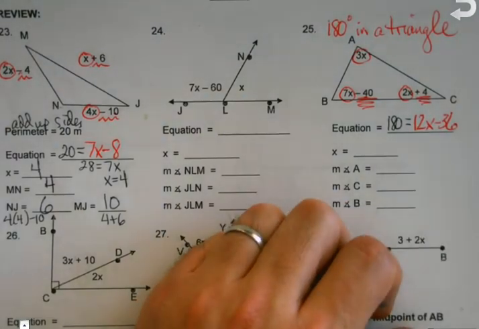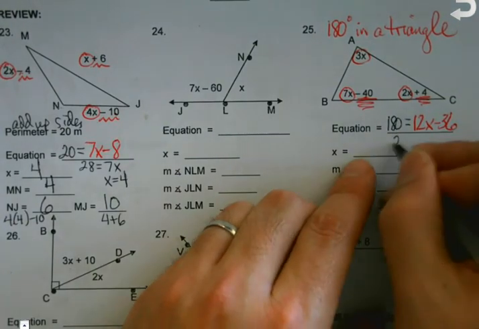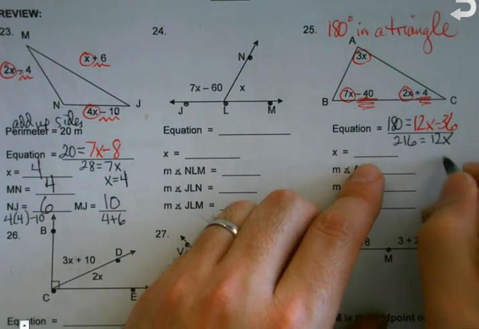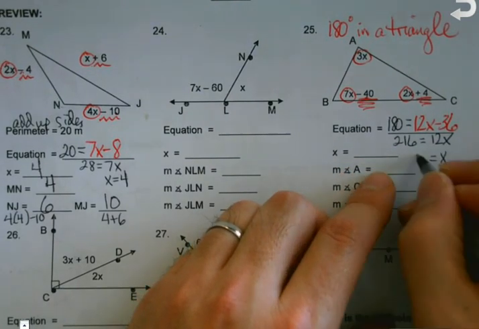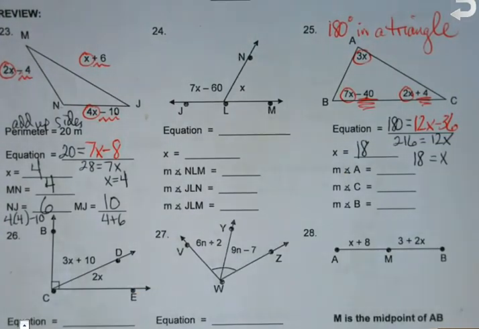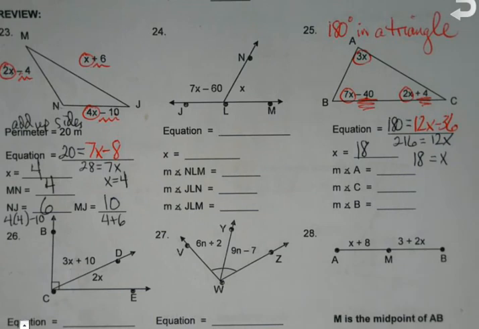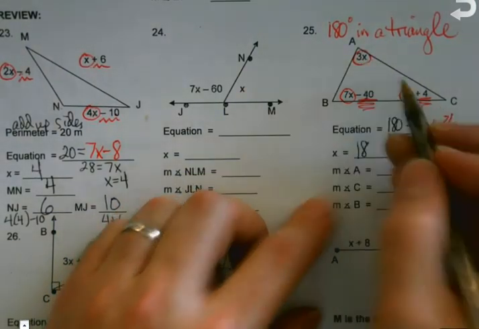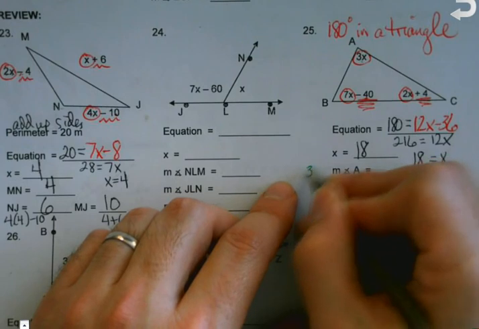So what would I have to do first in this equation to start working on getting x by itself? Okay, add 36, then divide by 12. And like we've done on every other one, once I have that, angle A is 3 times x, so 3 times 18.